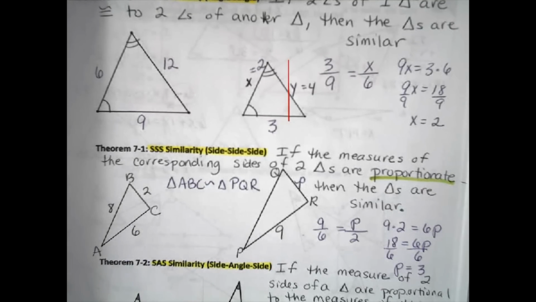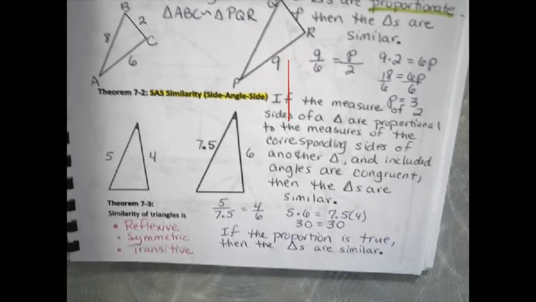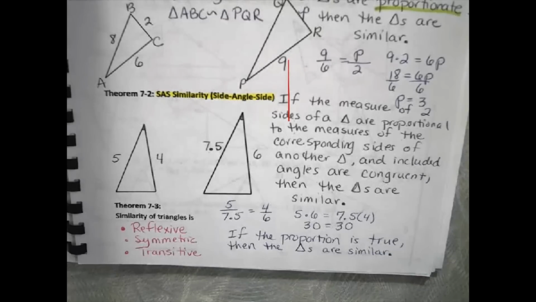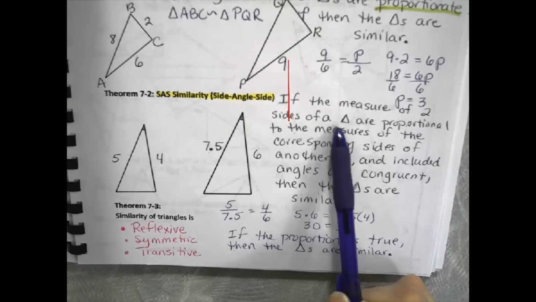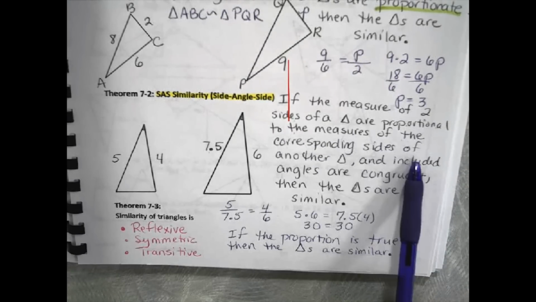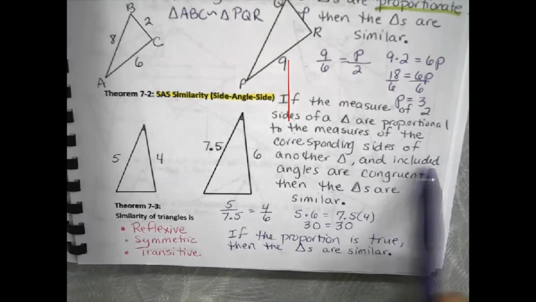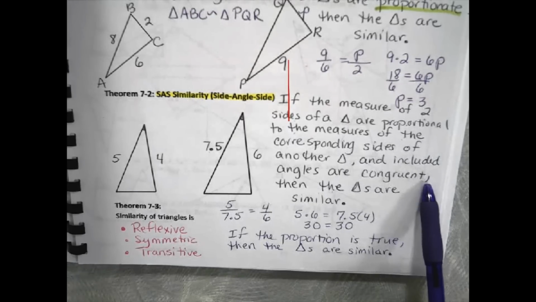The last one is the side angle side, and this one, a bit lengthier, says if the measure of two sides of a triangle are proportional to the measures of the corresponding sides of another triangle and the included angles are congruent, then the triangles are similar.